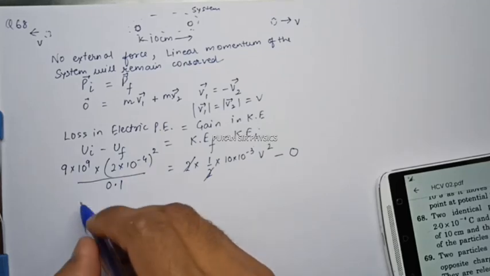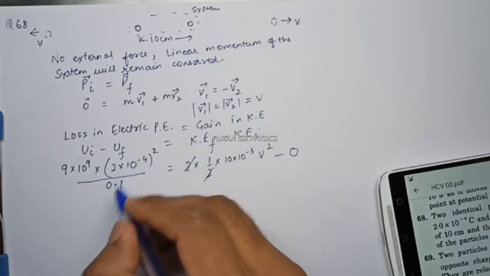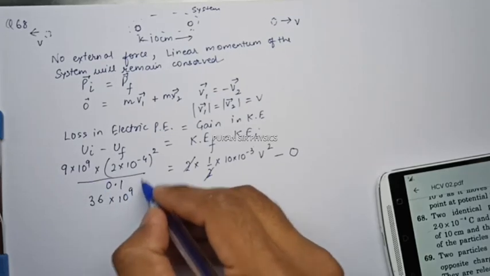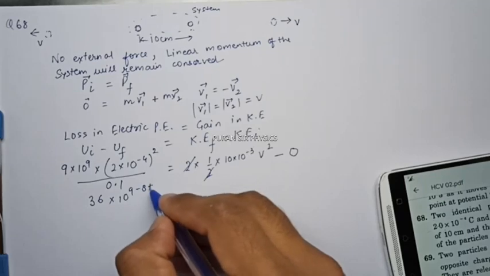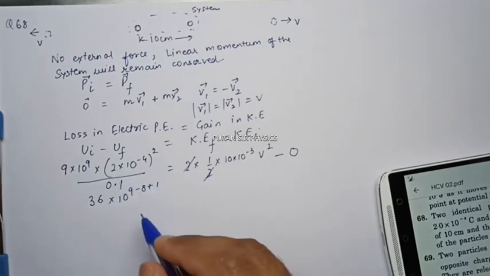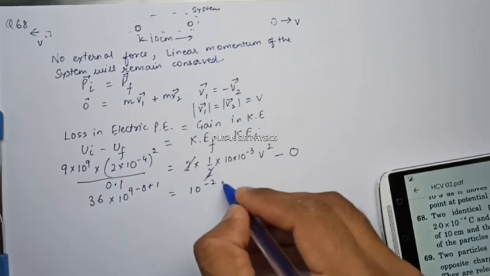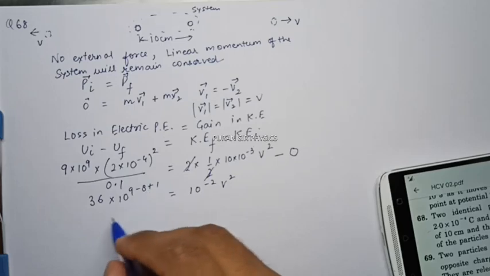And from here what we will get is 9 into 4, 36 into 10 raised to the power 9 minus 8 plus 1, and here we will get 10 raised to the power minus 2 v square.